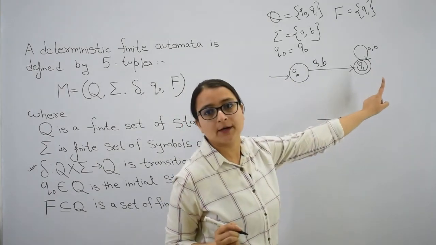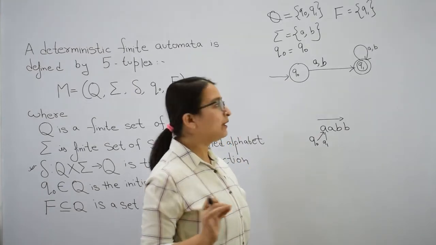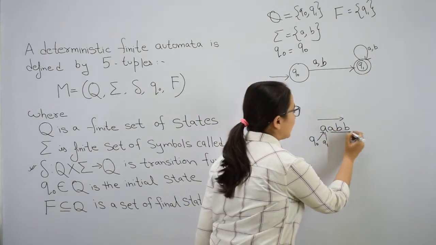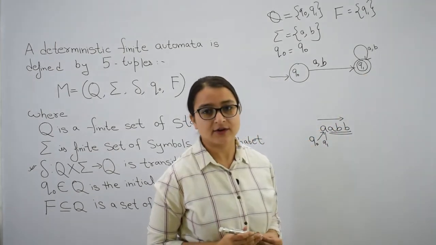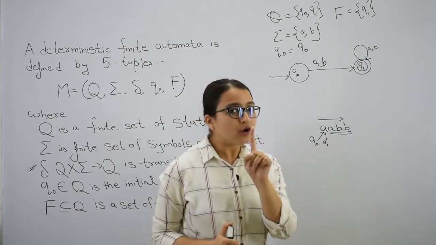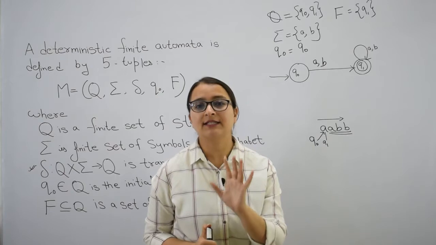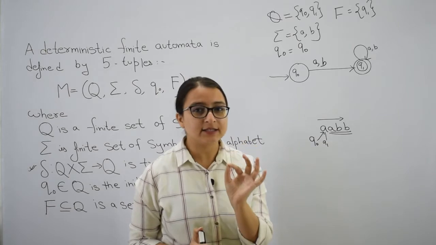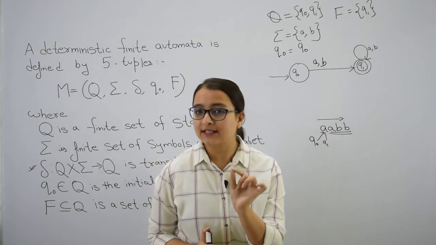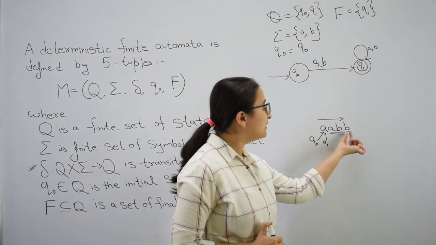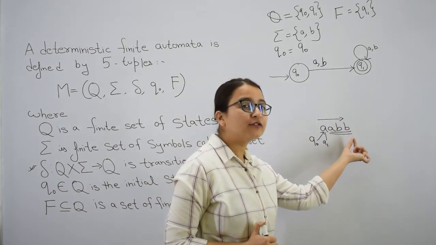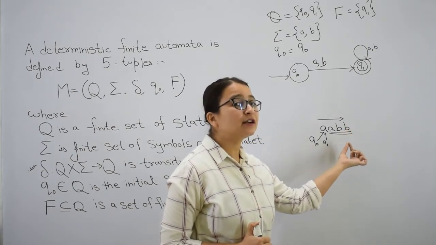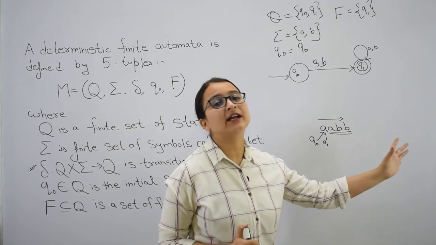Now we are at Q1. While we are at Q1, we are already at a final state, but there are characters left in this string. So at this point we will not assume that the string has been accepted. Listen carefully: we will only assume that a string has been accepted when, by inputting the last character of the string, we land up at a final state.